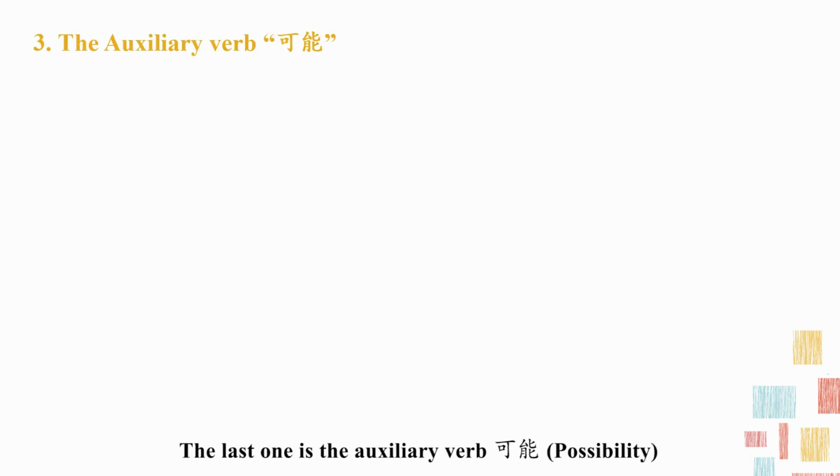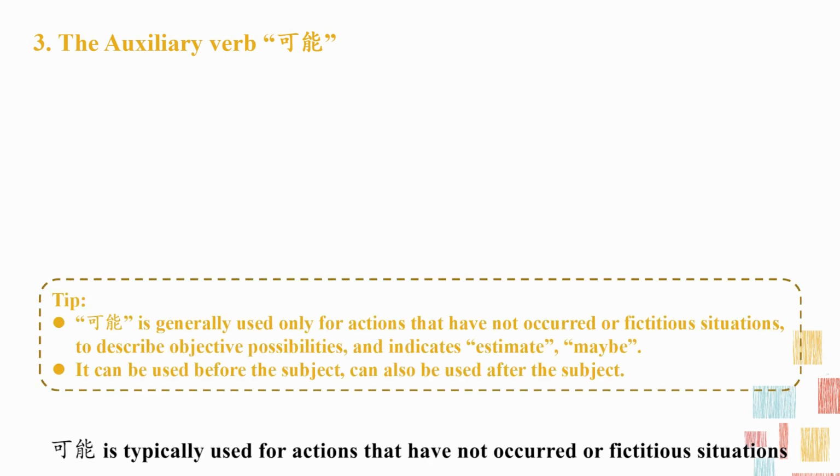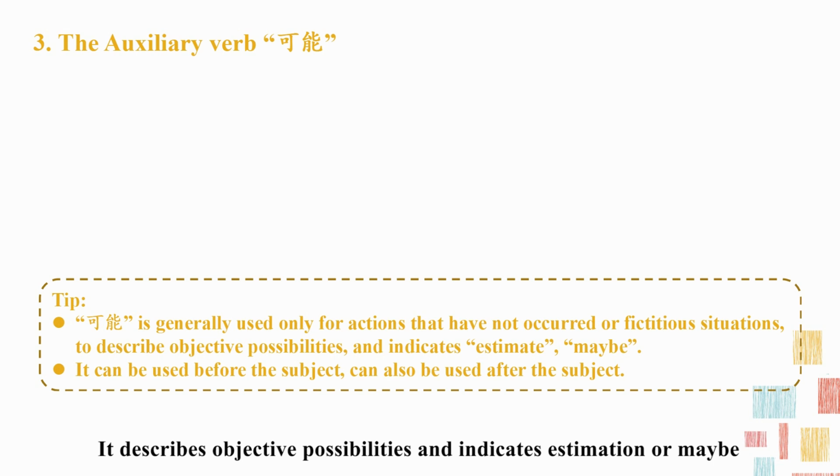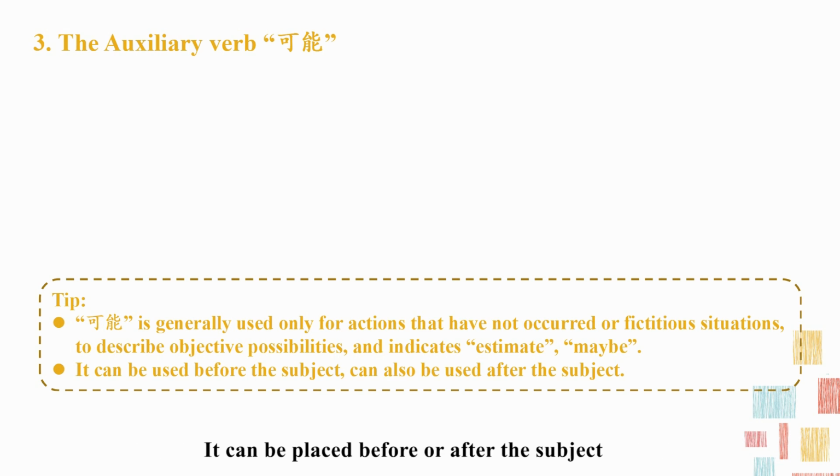The last one is the auxiliary verb 可能, possibility. 可能 is typically used for actions that have not occurred or fictitious situations. It describes objective possibilities and indicates estimation or maybe. It can be placed before or after the subject.